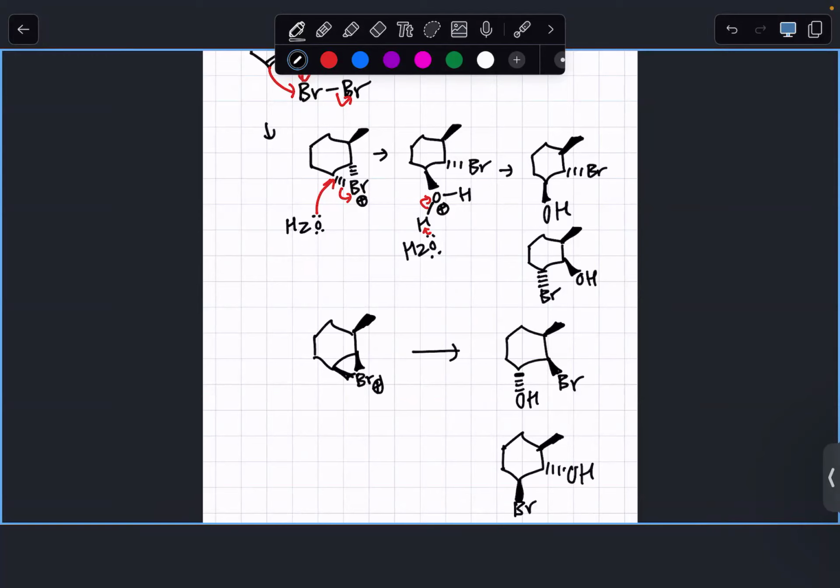They came from the two different possible intermediates where the ring could either be on the top or bottom side. And then from there, we could make two other products based on where the water attacks, on which carbon. I would say that these two are major over these two because it comes from the more stable bromonium ion intermediate.